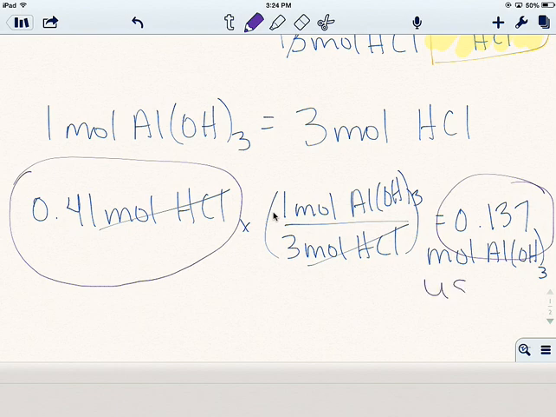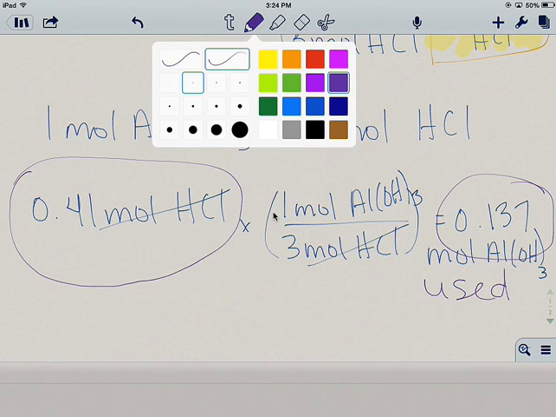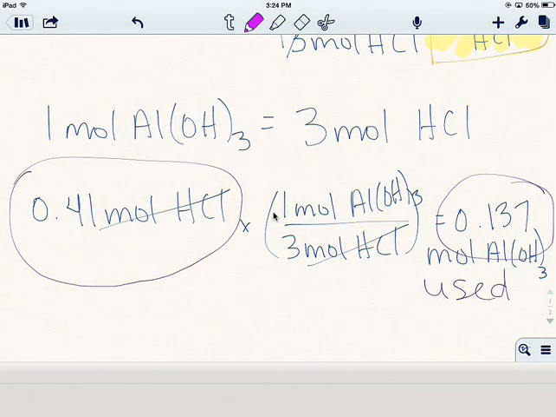So that is how much of my excess I used, which answers, let's pick a better color here, pink, question B. So there is the answer to B. That's how much I used up of the excess.